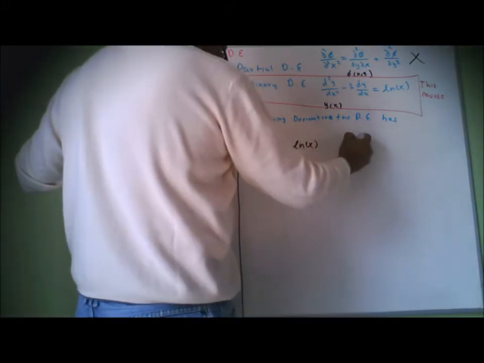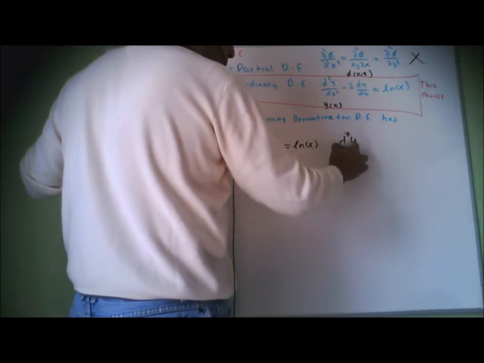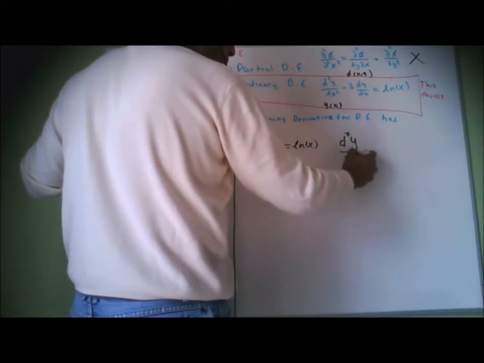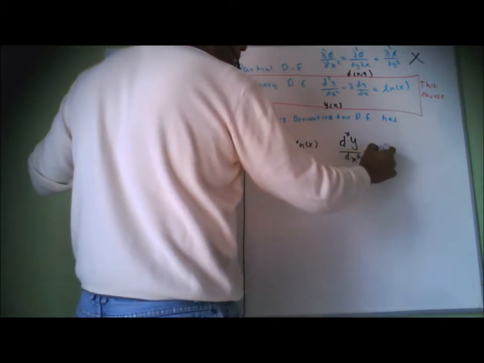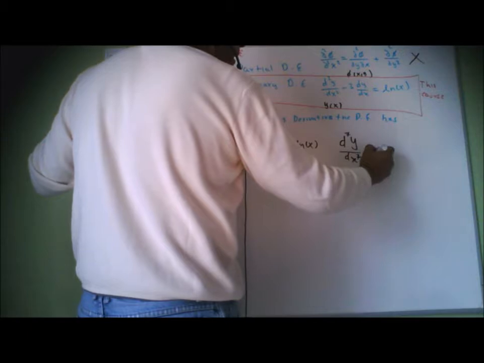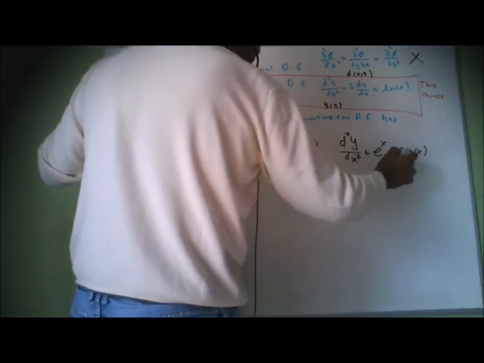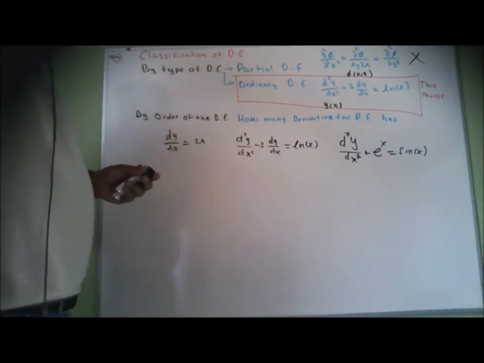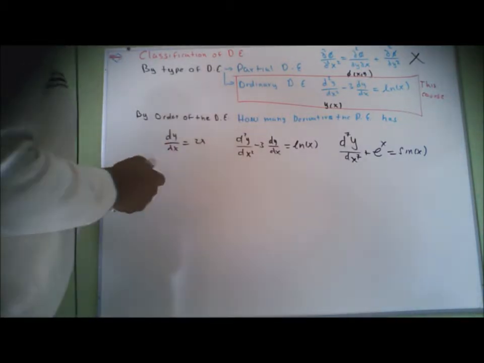And let's say this one: the seventh derivative of y with respect to x, plus the exponential of x, equals the sine of x.